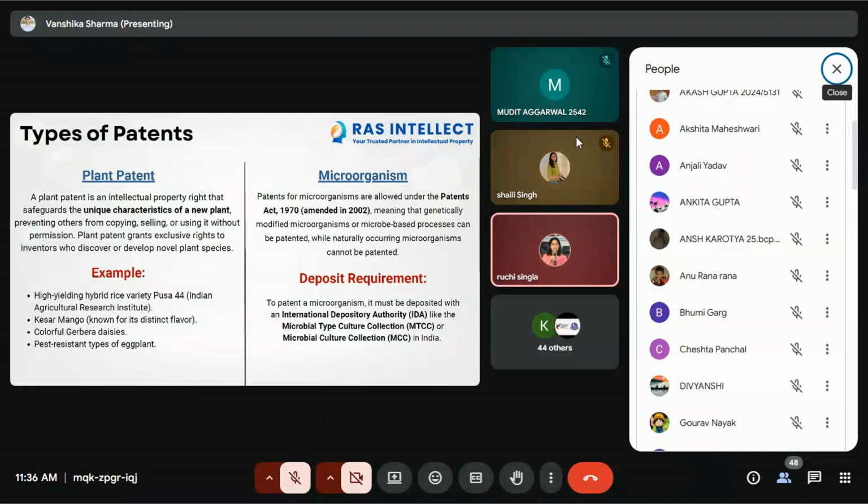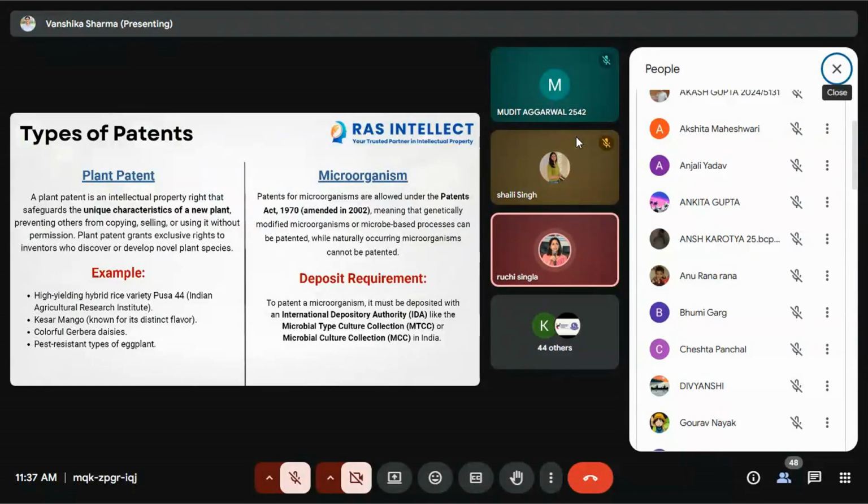Generally, the Punjab Agriculture University is working on protecting plant inventions. Then you can go for a plant patent. For example, high yield hybrid rice variety Pusa 44, Kesar mango, colorful Gerbera daisies, pest resistant type of eggplant. So it is a novel plant you have developed, a hybrid version of a plant, and you can go for protecting the invention.